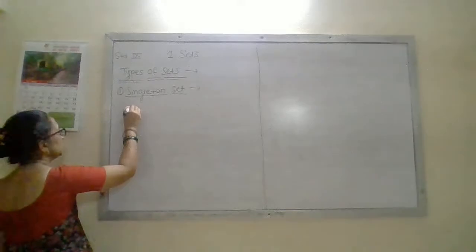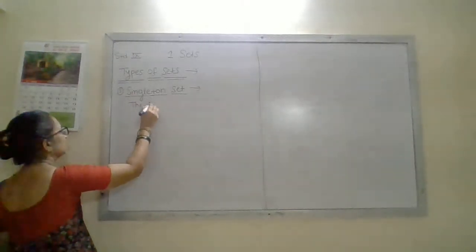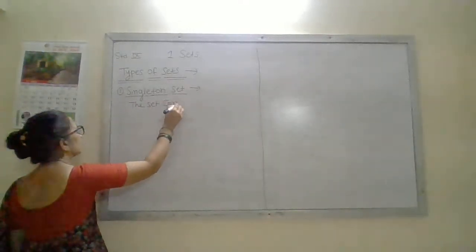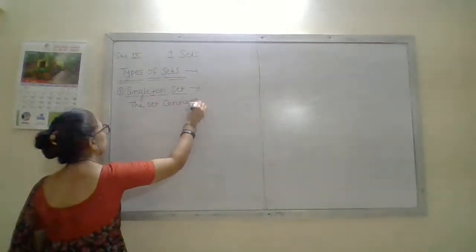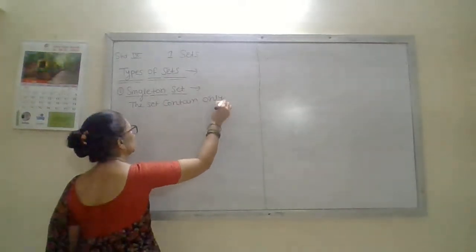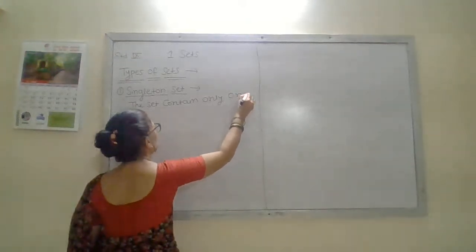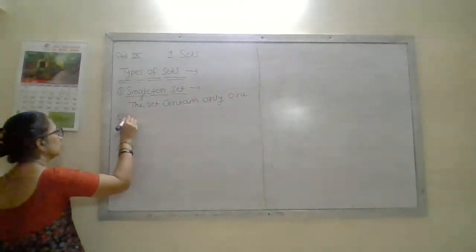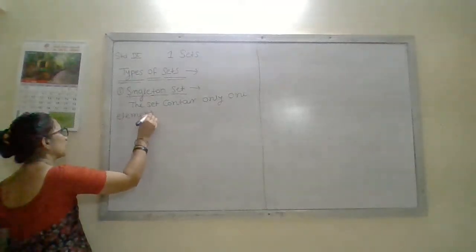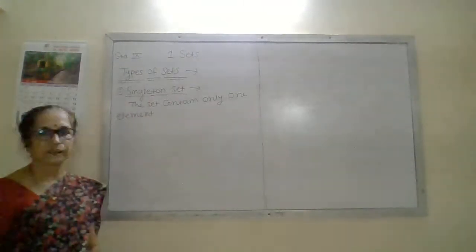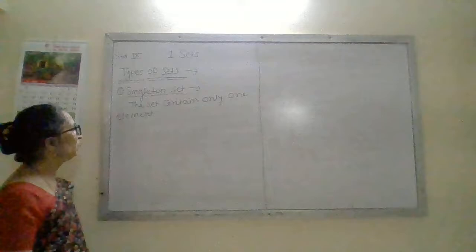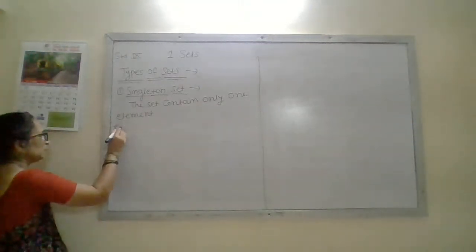So its meaning is that the set contains only one element. The set consists of only one element. Then, example.